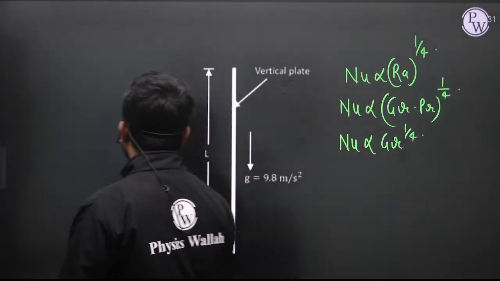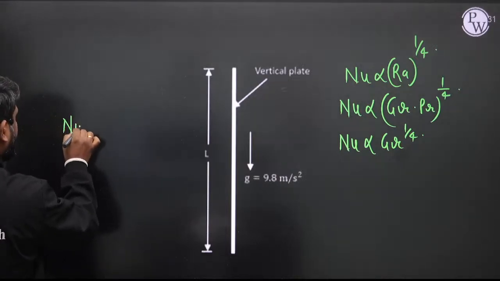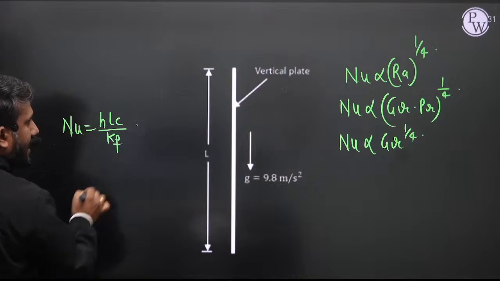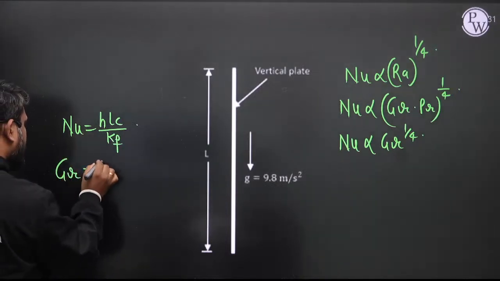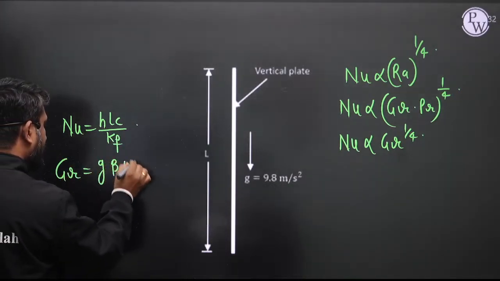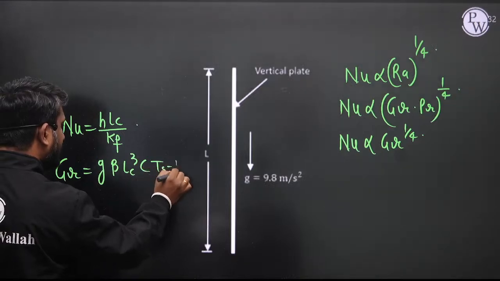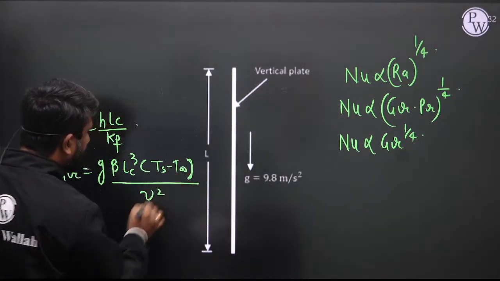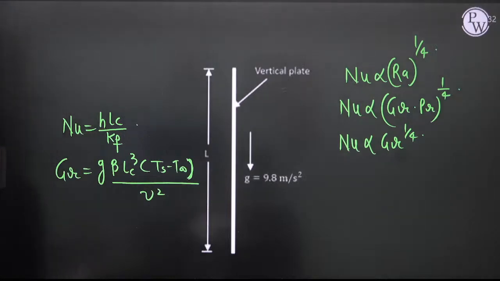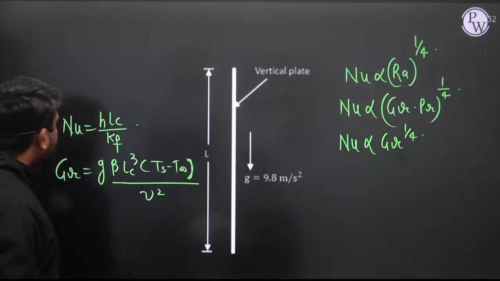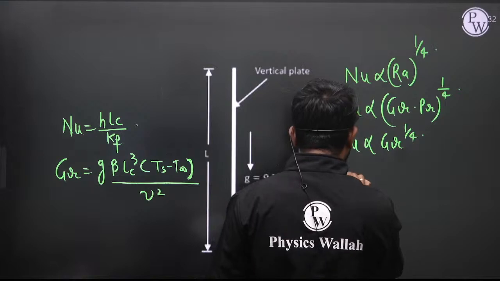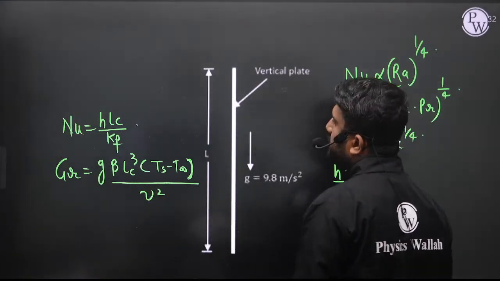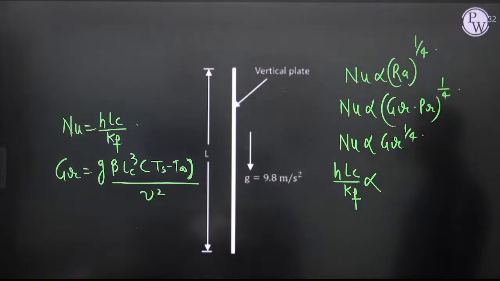Now see the Nusselt number, this is h Lc by kf, and the Grashof number is g beta Lc cube into Ts minus T infinity upon nu square. Now if you see this expression, Nusselt number, h Lc by kf, is directly proportional to Grashof number to the power 1 by 4.